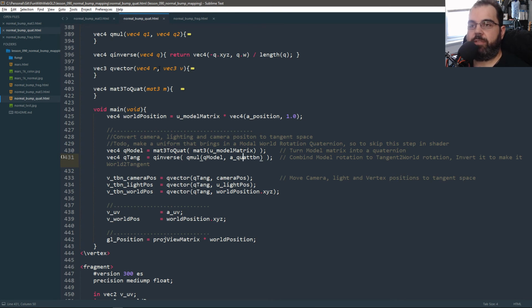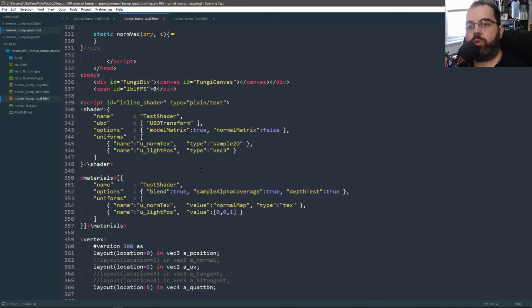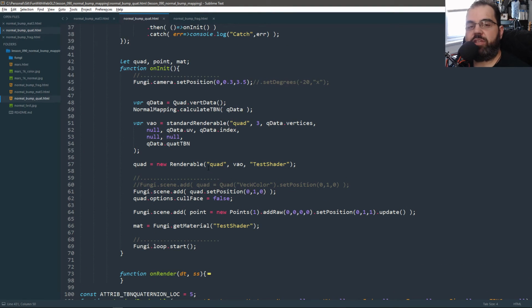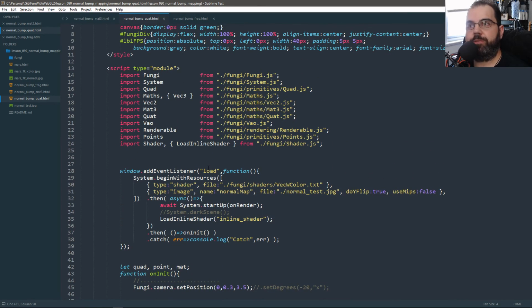The only difference is, remember, we're taking the three directions and creating a matrix 3 out of it, and then we're translating all the three coordinates into tangent space. That transformation matrix is all just a rotation, and you can represent the rotation with a quaternion.